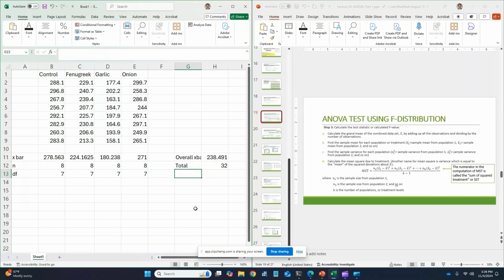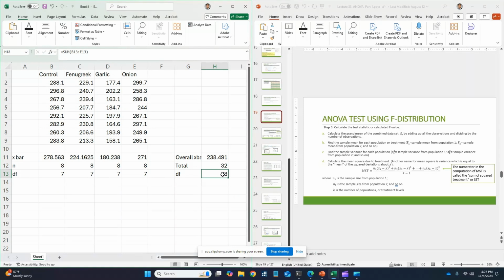And the sum of total degrees of freedom is this. Or in a way, you can think of it like this: 32 minus 4 is 28.